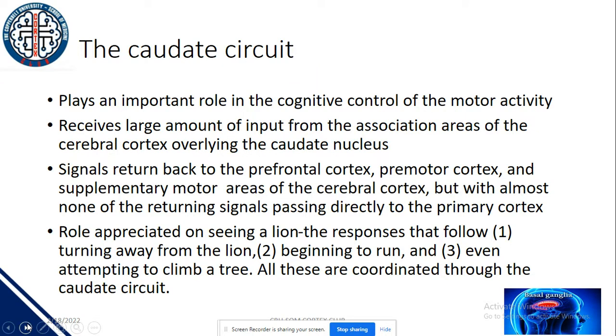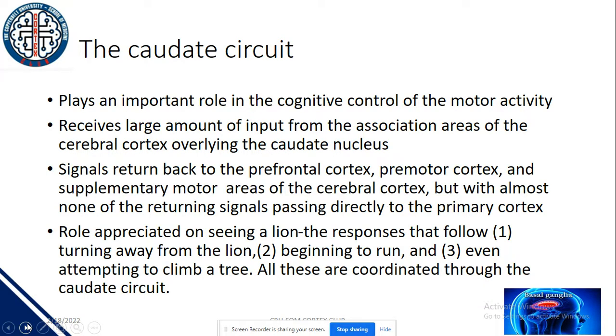So the role is appreciated when seeing a lion, which is a similar example to the one we gave with the case of a boy fearing a dog. So the circuit plays a role in an example such as this one.